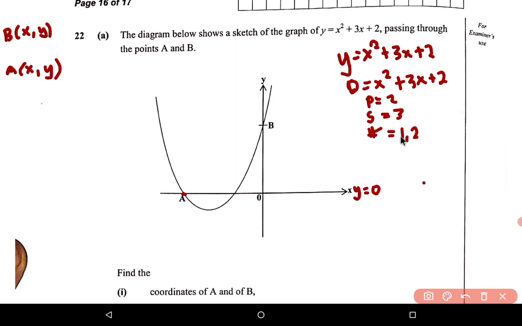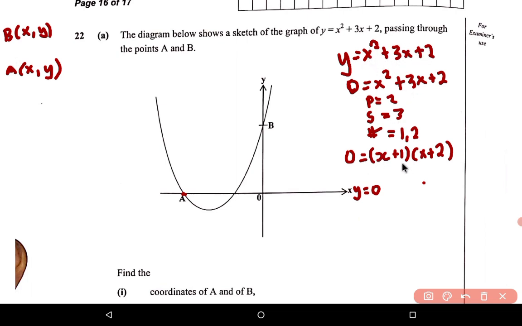So we're just going to write one factor as x plus 1, and the other factor is going to be x plus 2. Remember these have been equated to 0. So I've factorized this using the factorization method of quadratic equation.